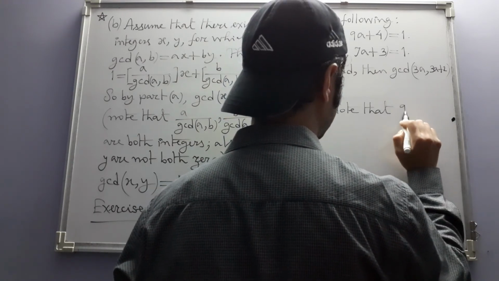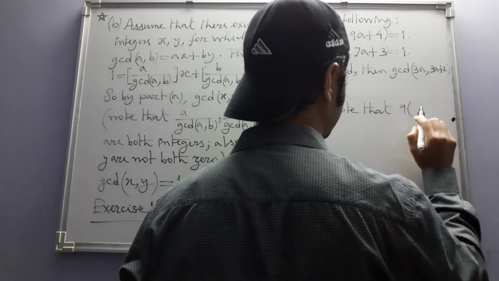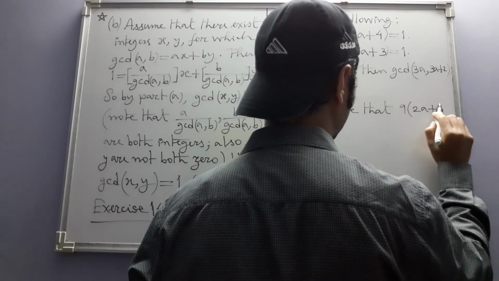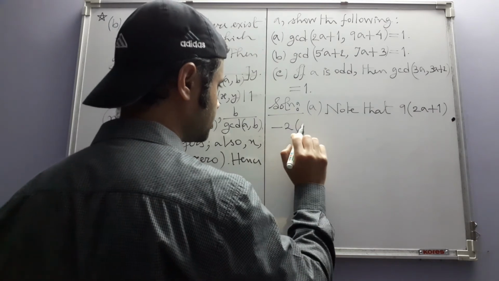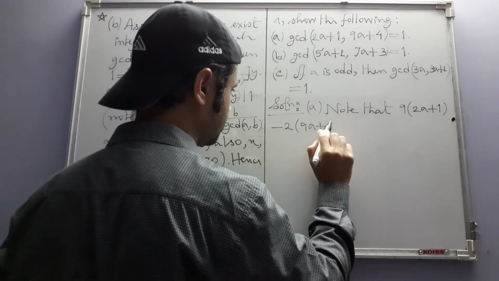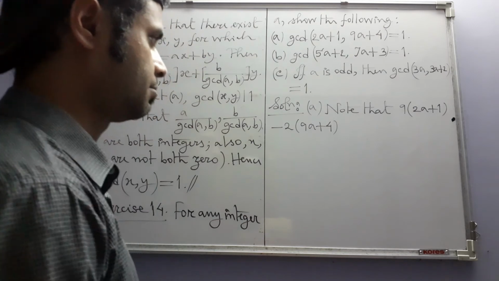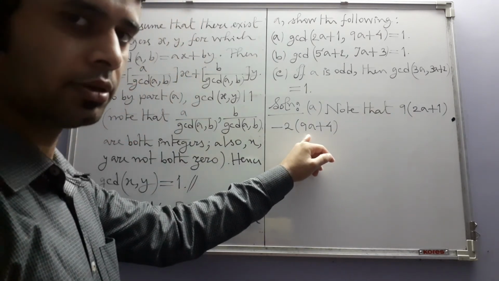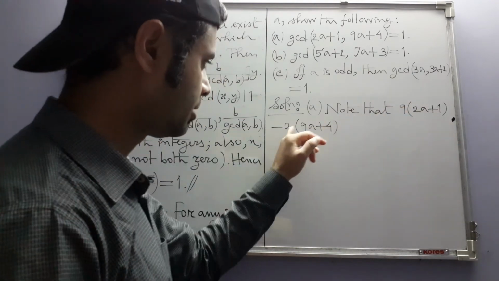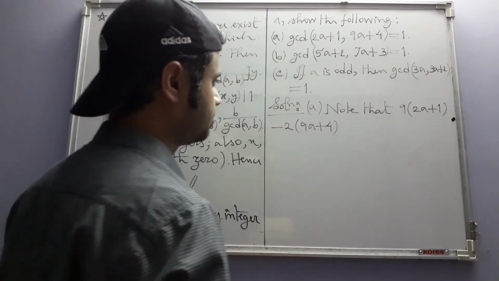What we do is this: 9 times 2a plus 1 minus 2 times 9a plus 4 is what? 9 times 2a minus 2 times 9a is 0. 9 minus 8 is 1.